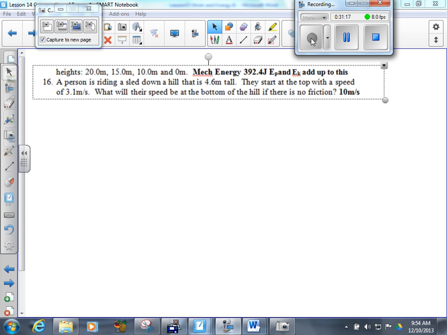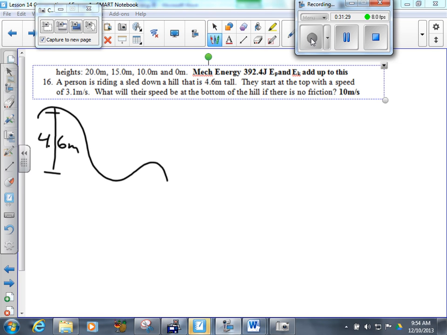Okay, so on number 16 here, we got the person going down this hill on a sled. The hill is 4.6 meters tall. They start at the top with a speed of 3.1 meters per second, and we want to know what the speed is when the sled is at the bottom of the hill.